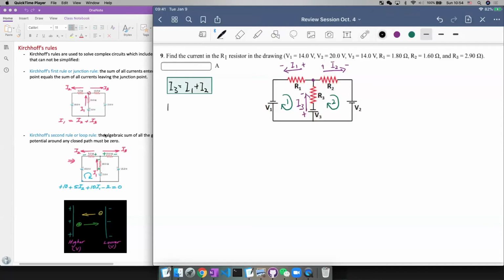Let's look at circle 1. Let's first write down all the components in case we miss any of them. We have V1, R1, R3, V3 equals 0, right?